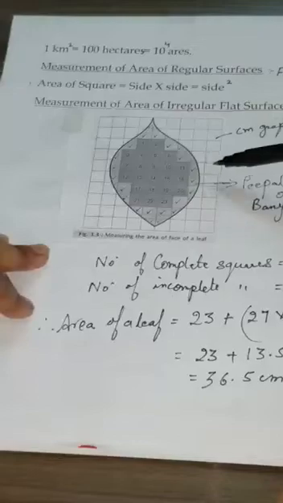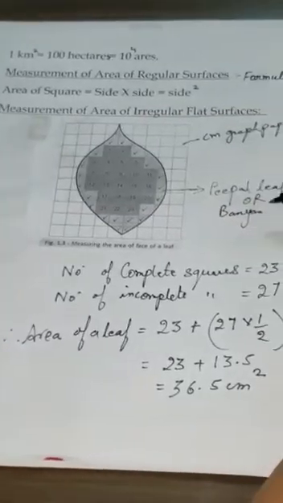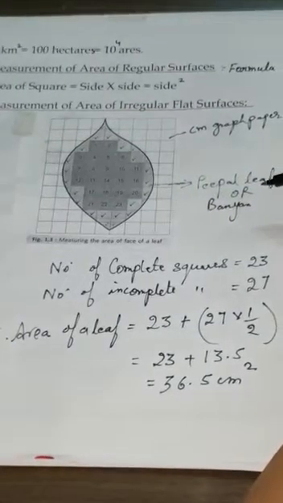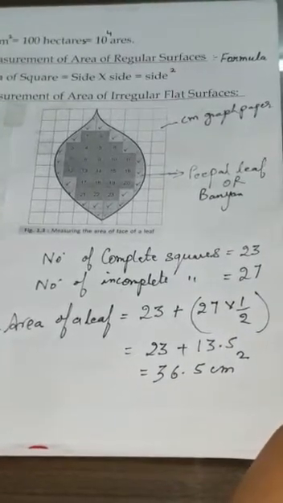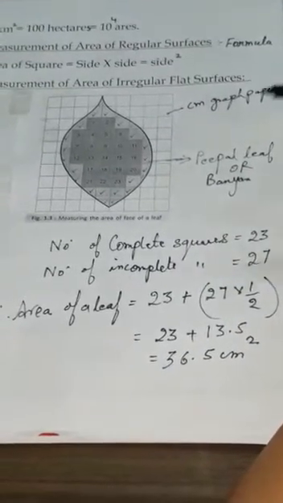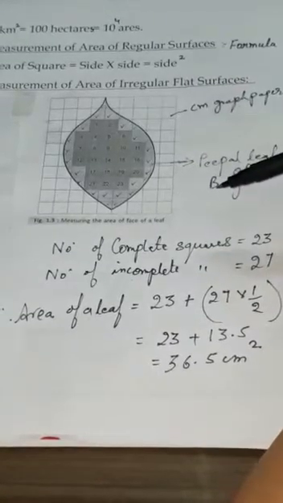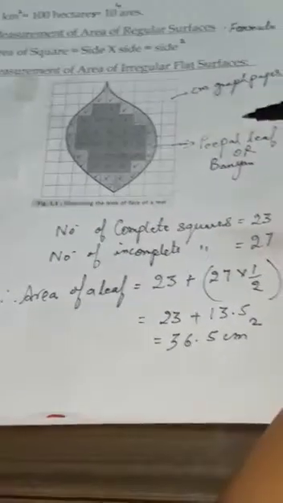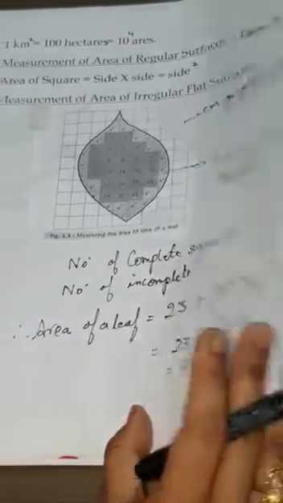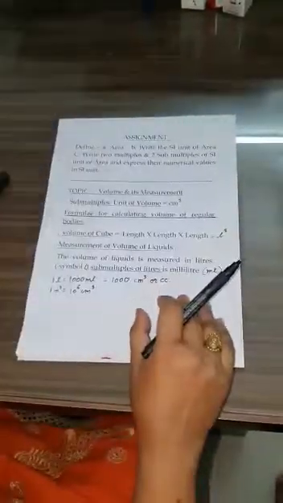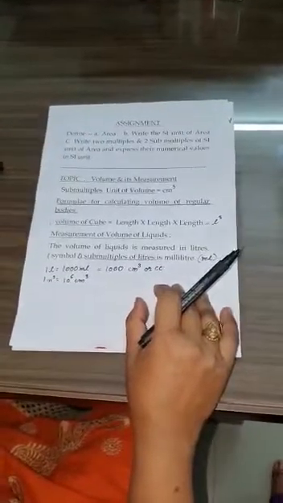Now children, here I have used a peepal leaf, or you can use a banyan leaf, but if you are using a rose leaf, you have to use millimeter graph paper, because the area of a rose leaf is small. Now children, I have given some assignment.